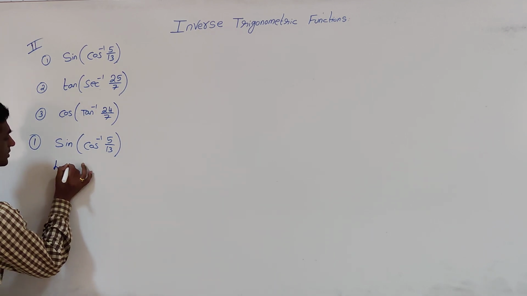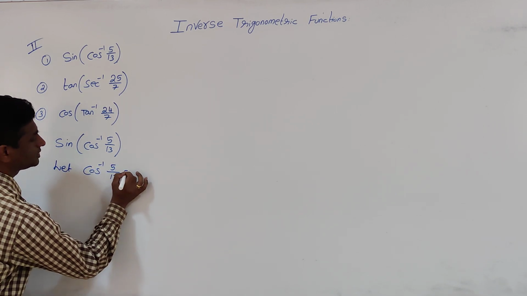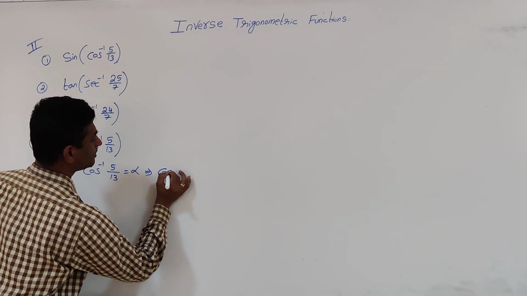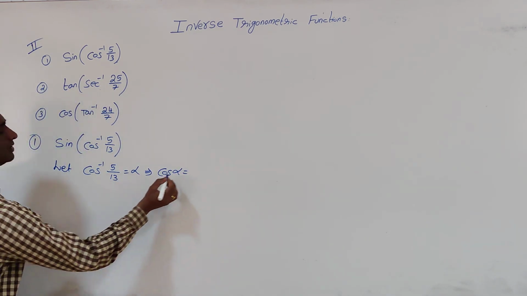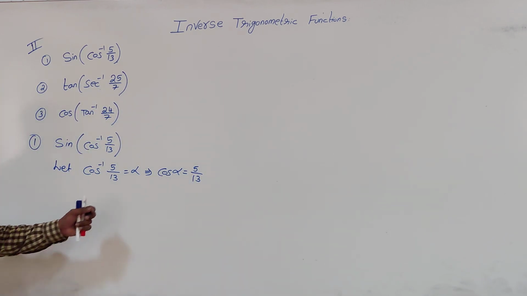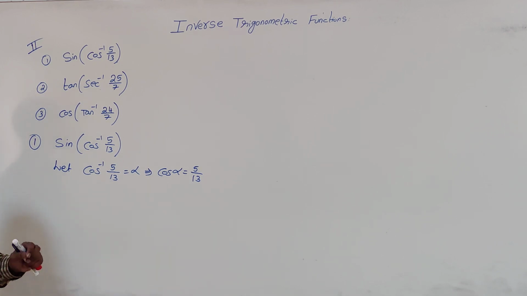So let cos inverse of 5 by 13 be equal to alpha, which implies cos alpha is 5 by 13. So cos alpha is 5 by 13, meaning it is positive. It lies between 0 to pi by 2, or we can say in the first quadrant.